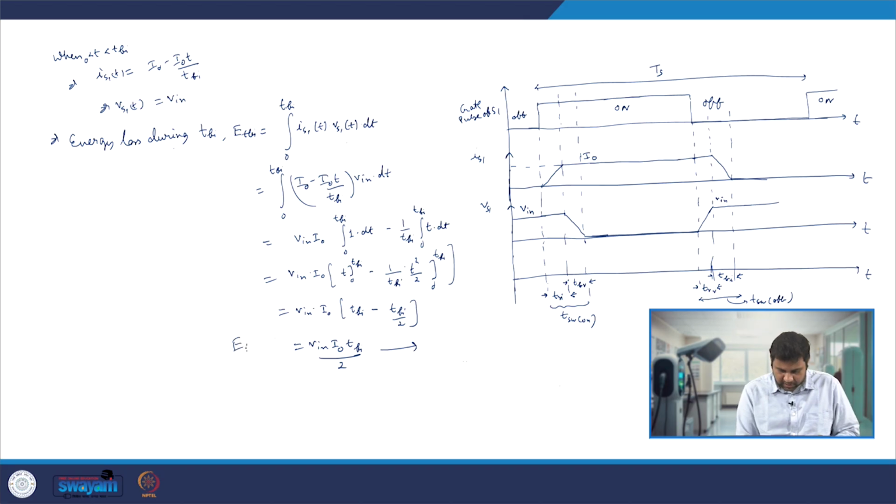So this is nothing but E_TFI, energy loss during the time when the current is falling during turn off. So it is nothing but, let's say, equation number 2.